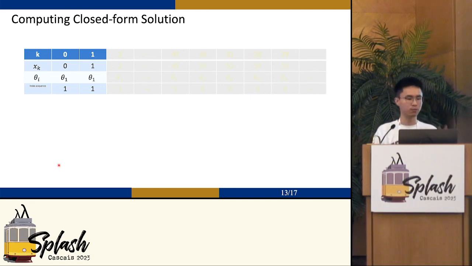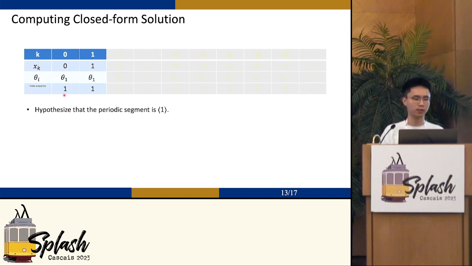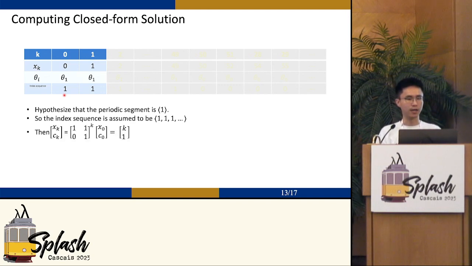For the running example, we start from x0 and run it for the first 2 iterations. Because the index sequence is 1 and 1, we just guess the periodic segment is 1. That is, we assume the whole index sequence is 1, 1, 1, 1, 1, which means the second condition is satisfied, so the second matrix is always applied.